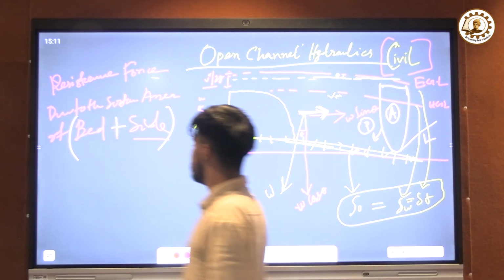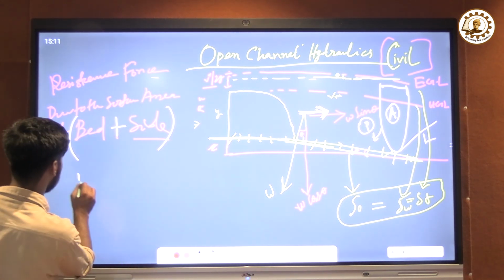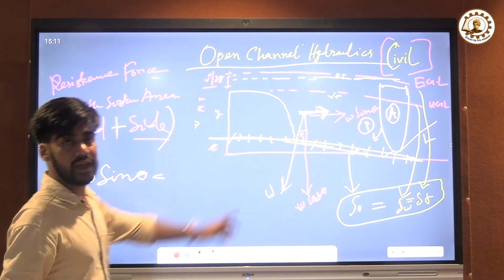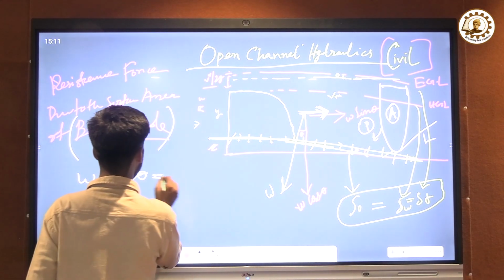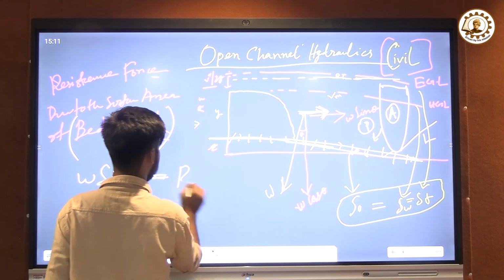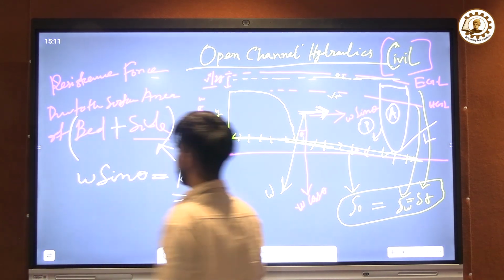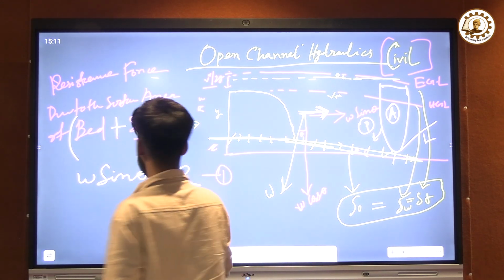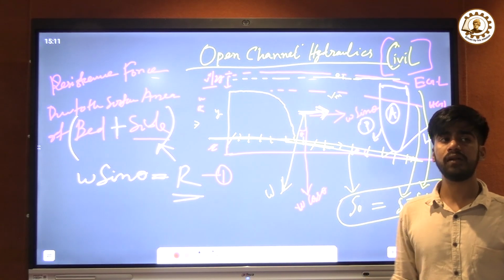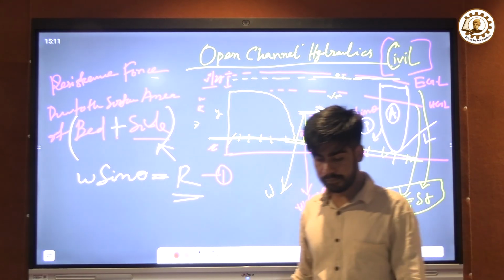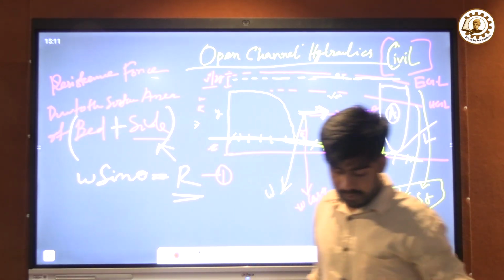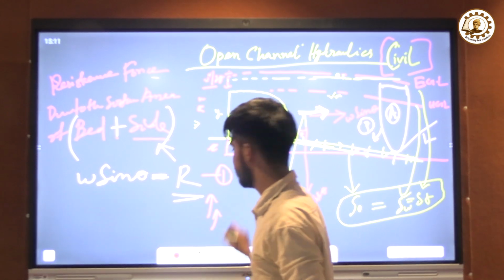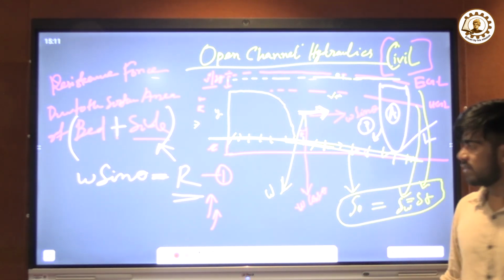Now, in case of uniform flow, what will happen? The W sin theta, the driving force, will be exactly equal to the resistance force, or say R. That is one of the conditions to meet when we want uniform flow in a certain channel. Now, if the resistance force increases, what happens?